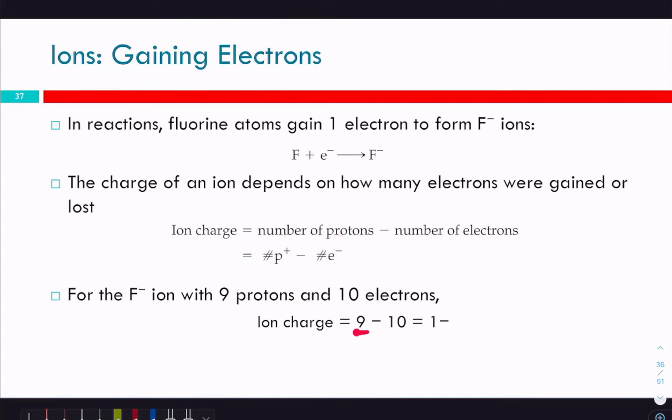Fluorine has 9 protons, and elemental fluorine by itself, no charge, would have how many electrons? 9 electrons also. So anything that doesn't have a charge has the same number of electrons as it does protons. If we give fluorine 1 more electron, now it's got 10 electrons. 9 minus 10 gives us 1-. So it's a negative 1.